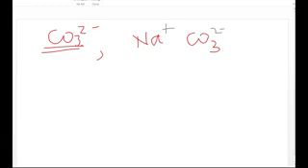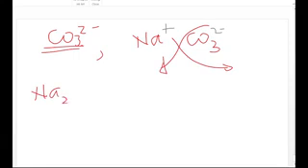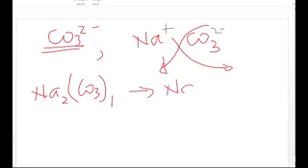So to write the chemical formula, this 2 comes down here. So this becomes Na2 and the CO3. Because it is just one, I don't need to put it in brackets. Even if I put it in brackets, it's still the same thing. So I'm going to have Na2CO3. Does that make sense?